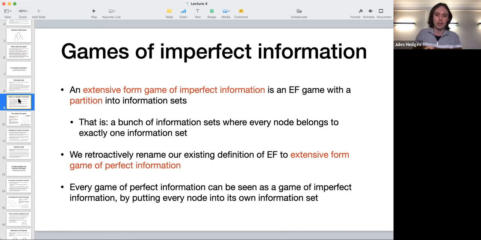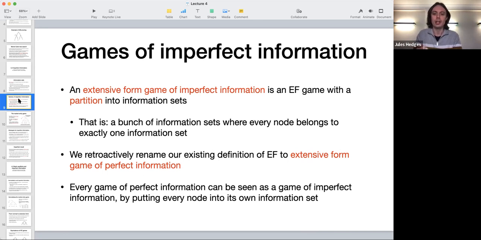The definition which we've had until now, which is a game tree without any information sets, we're going to retroactively rename and call an extensive form game of perfect information. What perfect information means is that the players always know where they are.